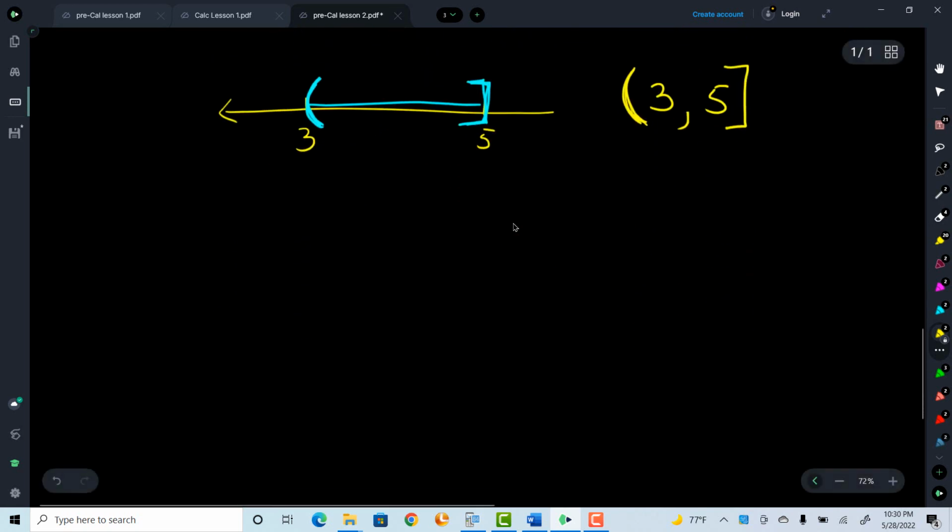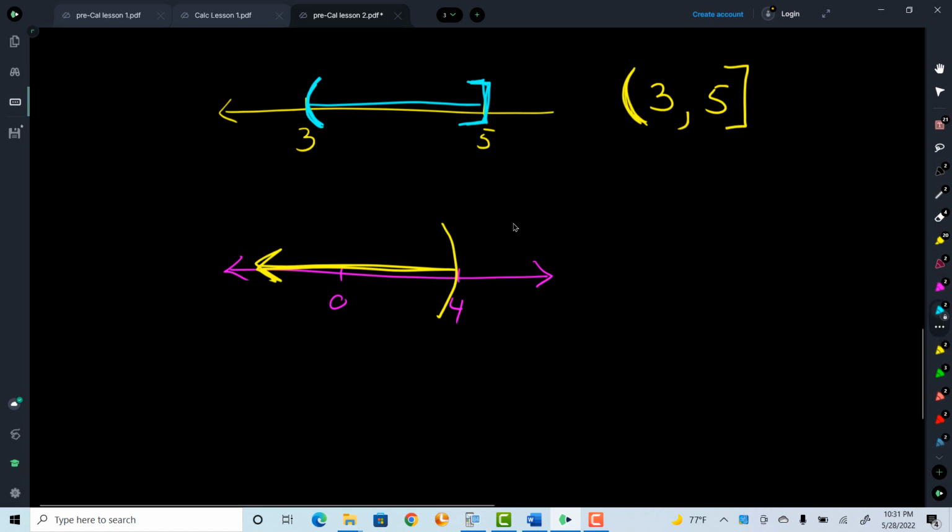Okay, what about this one? We're going to use a parenthesis. Okay, how would I represent that in interval notation?